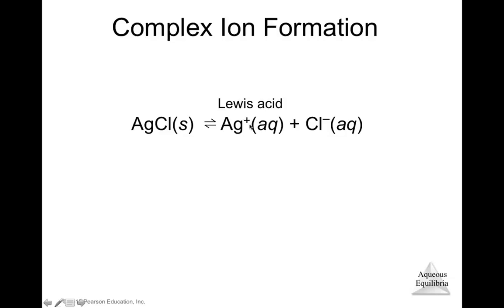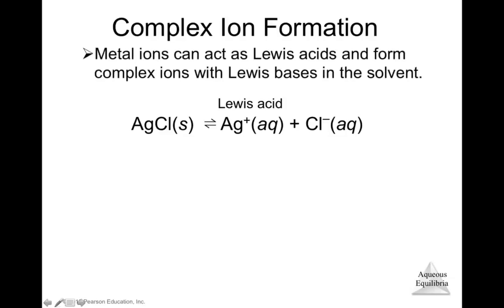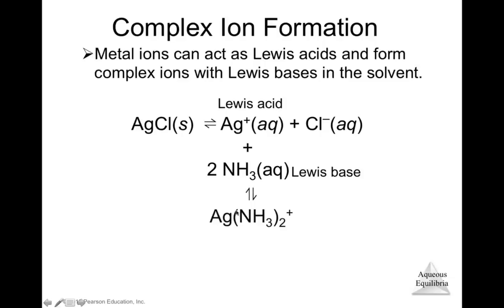So if we have a Lewis base in solution such as NH3, remember that we have here a lone pair of electrons that could be given to the silver. So that's why this will be the Lewis acid and this will be the Lewis base. And by that, it will be producing the diamine silver. This is the diamine silver. And as you can see here, this ammonia is reacting with the silver. So what is happening with this equilibrium as we are consuming this ion of silver?